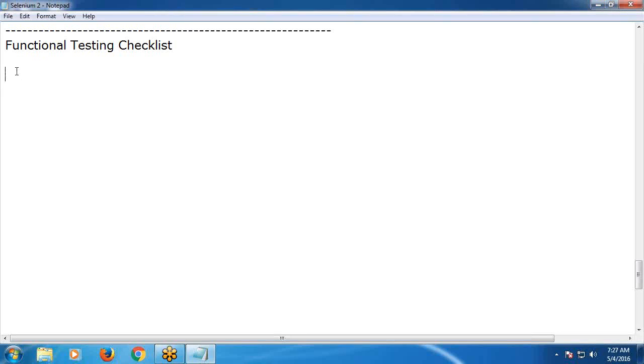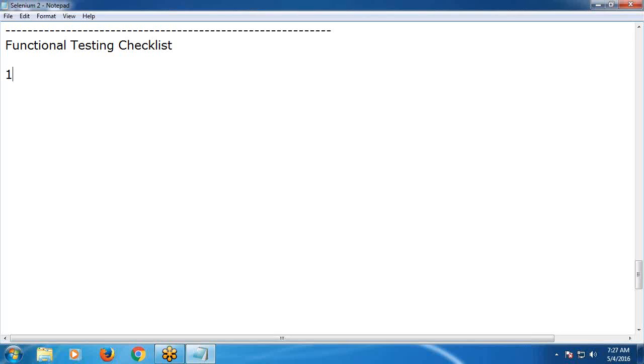In performance testing also we check whether the system is working as per requirements. In security testing also we check whether the system is working as per the requirements. Basically the functionality. Okay, I will explain 5 important topics.